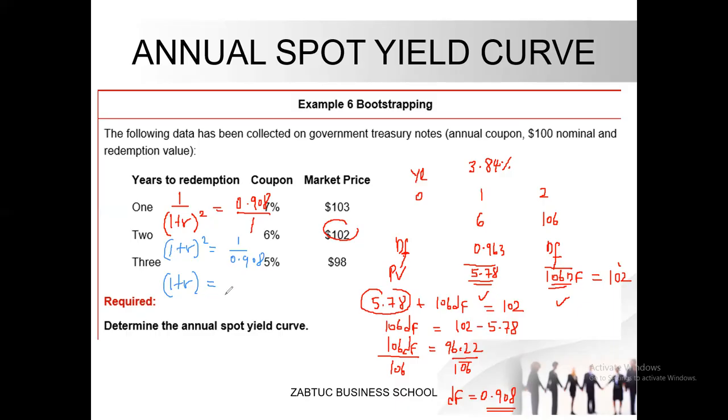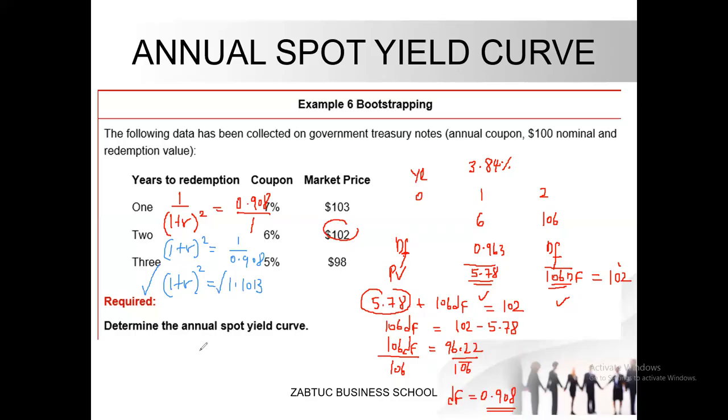1.1013, to the power 2. So please, you take the square root on this side. How do you take a square root of the number?